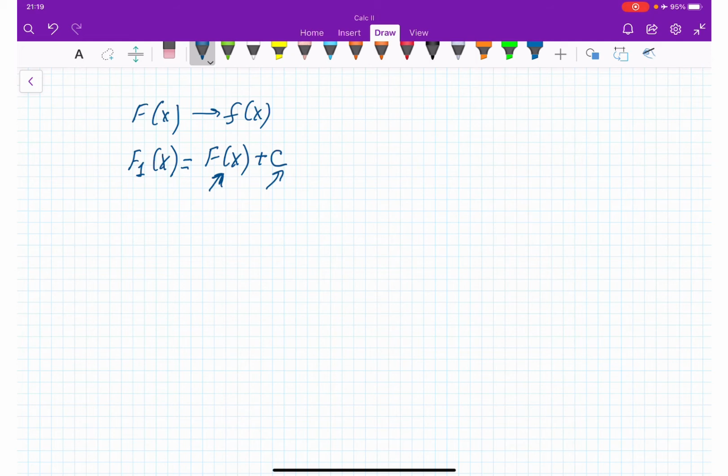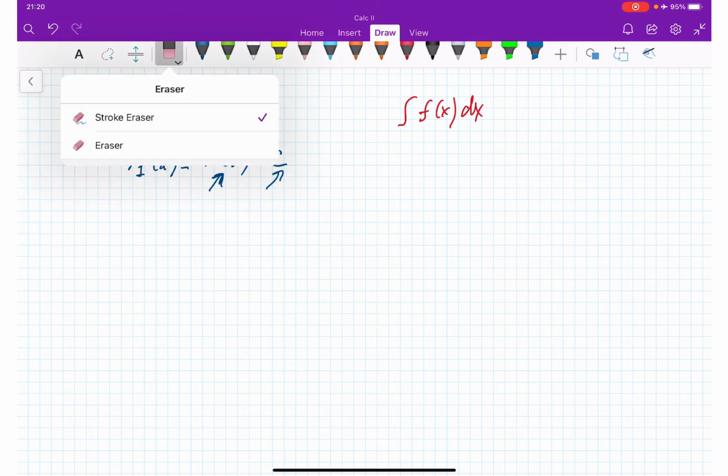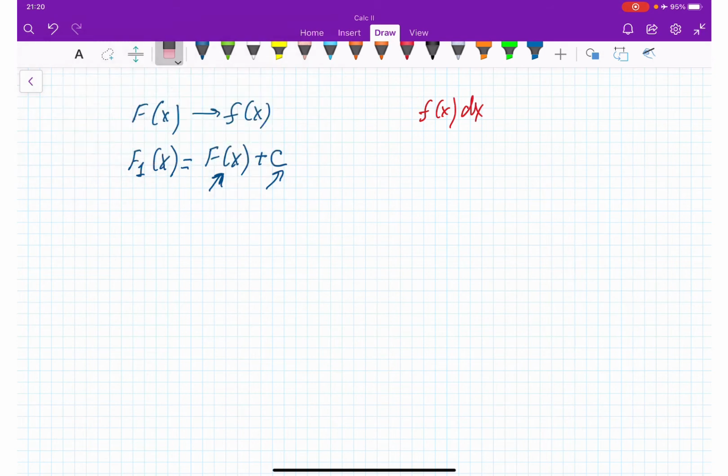We mark it as integral f of x dx. So when we want to take an antiderivative or integral, this is how we mark it: integral f of x dx, and that is going to be F of x plus c.